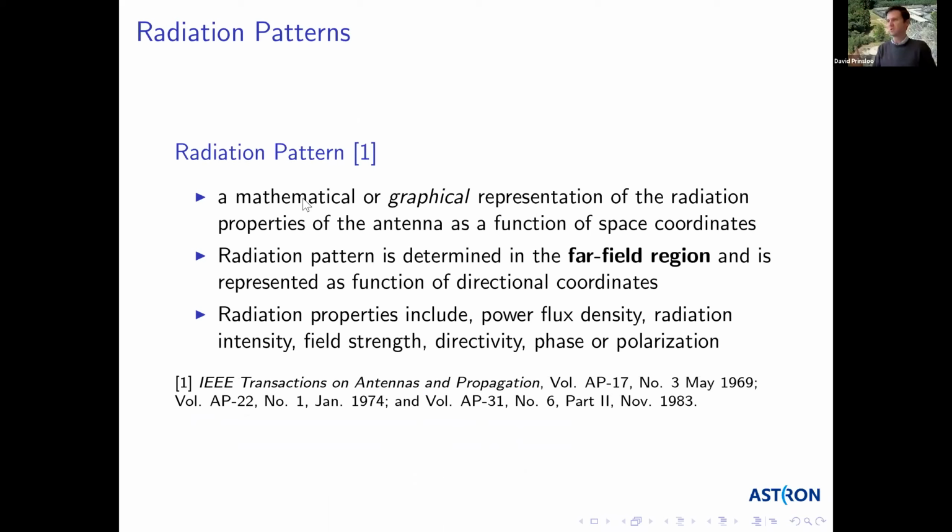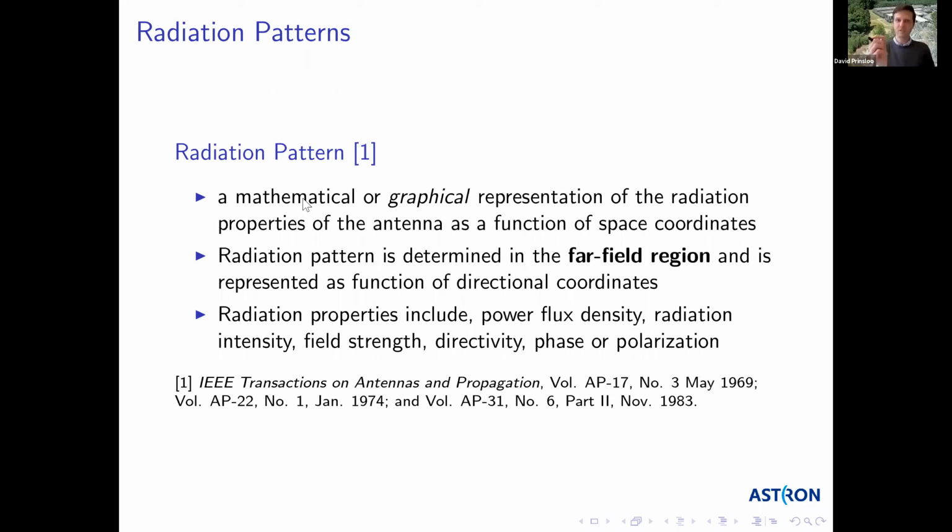And this is just the IEEE definition for a radiation pattern that I copy here. It's a mathematical or graphical representation of the radiation properties of the antenna as a function of space coordinates. So as I just said, you define the radiation properties spatially. This radiation pattern is determined in the far field region.